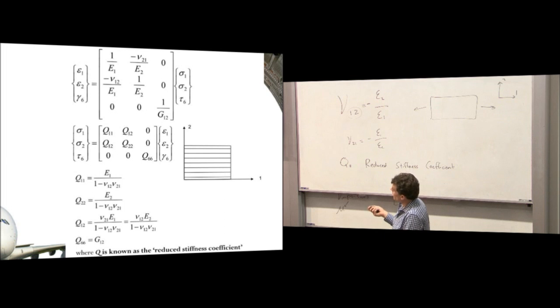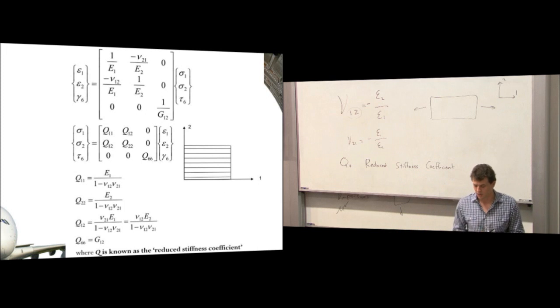So apart from the subscripts, this is still no different from last week. We've used a couple of different symbols, but this slots in directly after what we learnt from solid mechanics last week. So let's calculate some of these reduced stiffness coefficients as an example.